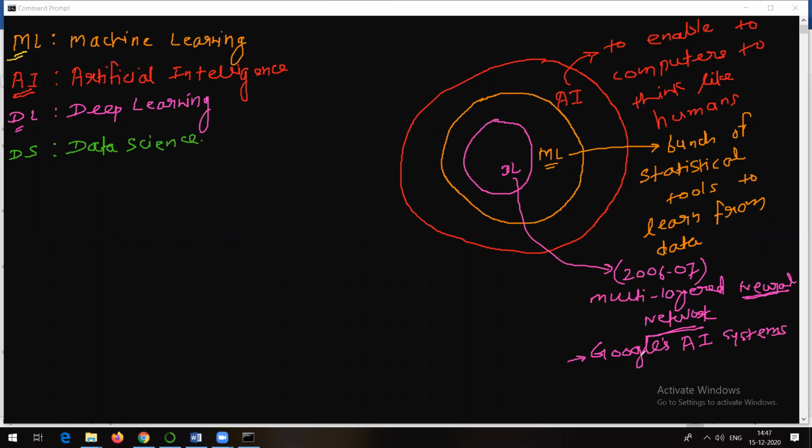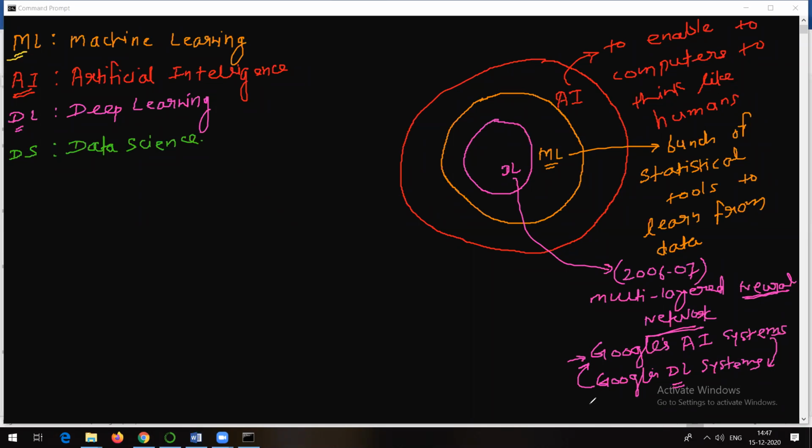Google's artificial intelligence systems are mostly referring to Google's deep learning systems. That's how big the impact of deep learning is. So this one is actually based on Google's deep learning system.